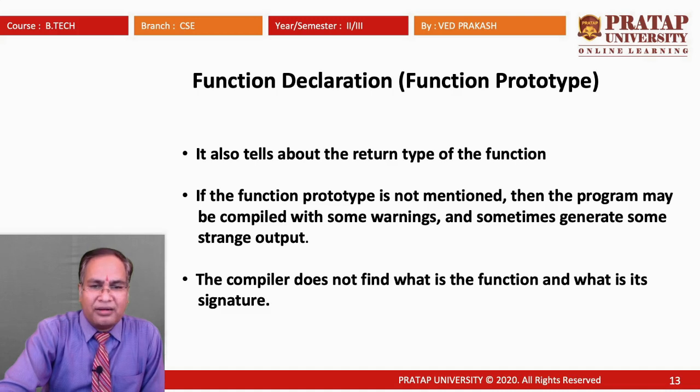The compiler gives errors or warnings when it does not find what the function and its signature are, that is, what the return type of the function is, what the name of the function is, how many parameters are passed in the function, and what data type of the parameters are passed in the function.